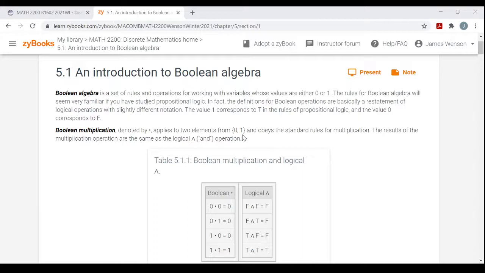Again, everything you deal with in this chapter will involve the number 0 or the number 1, and that's it. And it obeys the standard rules for multiplication. So the results of the multiplication operation are the same as the logical AND operation. Remember conjunctions? And.